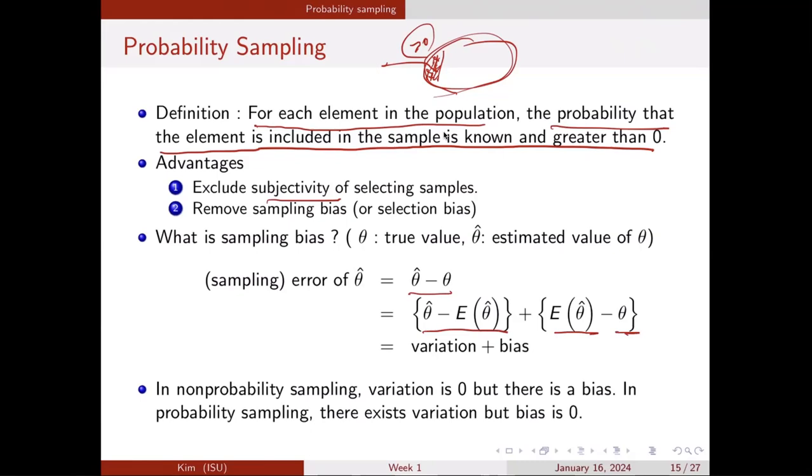So in non-probability sampling, remember, suppose we just have 1, 2, 3, 4, right? The example. Suppose we just select elements 2 and 3, no matter what. Okay, suppose. Then there's no randomness, right? We just select 2 and 3 always. Then there's no variation. But there is bias, right?